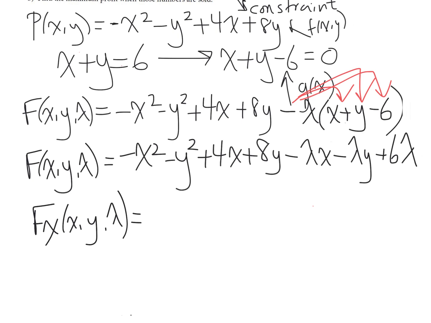So minus x squared, the derivative is going to be minus 2x, minus y squared, the derivative is 0, plus 4x, the derivative is 4, and then we have minus lambda x, so the derivative will be minus lambda. Yeah?